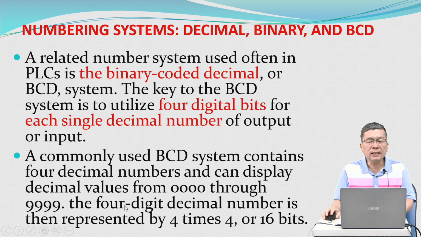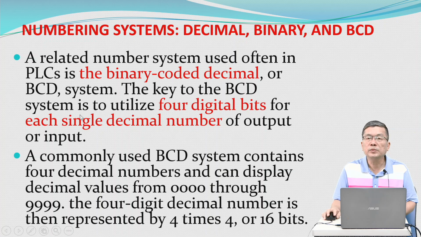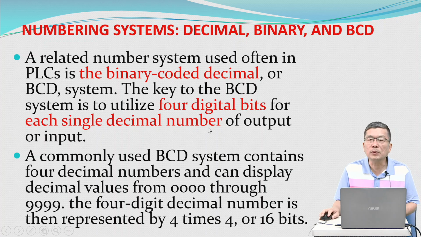A related number system used often in PLCs is the binary coded decimal, or BCD system. The key to the BCD system is to utilize 4 bits for each single decimal number of output or input. A commonly used BCD system contains 4 decimal digits and can then display decimal values from 0000 through 9999.